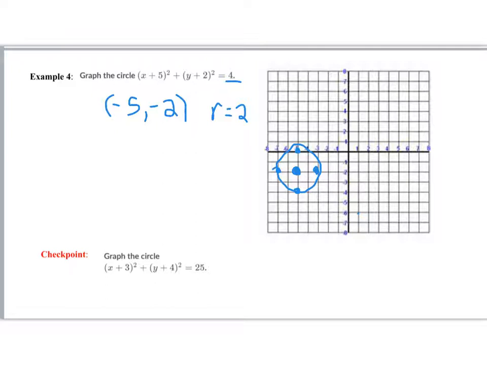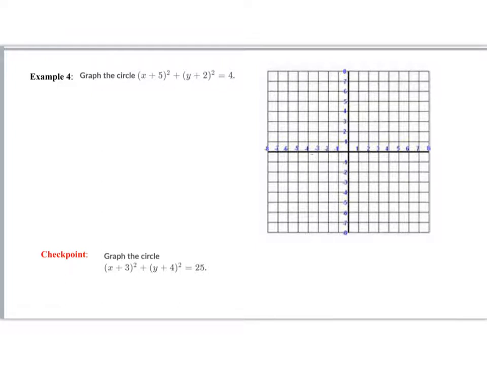So that means if my center is -3, -4, and my radius is 5, 1, 2, 3, 4, 5, 1, 2, 3, 4, 5, 1, 2, 3, 4, 5, and then connect my dots. So something like that. Cool.